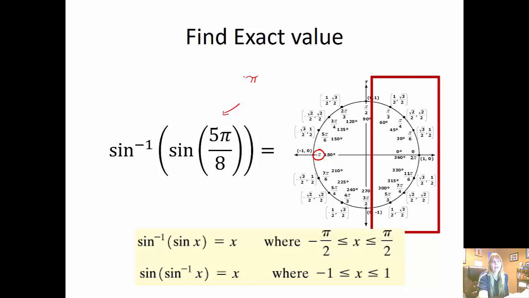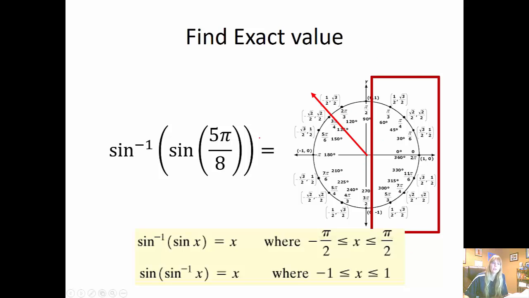So if I have pi, isn't that the same thing as 8 pi over 8? So I'm trying to figure out, is 5 pi over 8 in this interval? Well, I could even go up to pi over 2 and turn this into the same denominator, 4 over 4, which is kind of what we did on the last one. And I get 4 pi over 8 to 5 pi over 8. So apparently 5 pi over 8 is not in this interval, which is not the right interval.